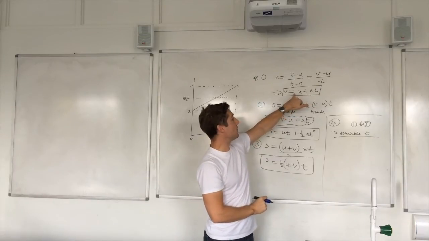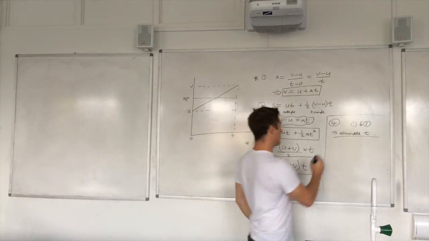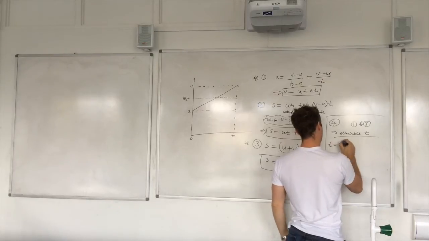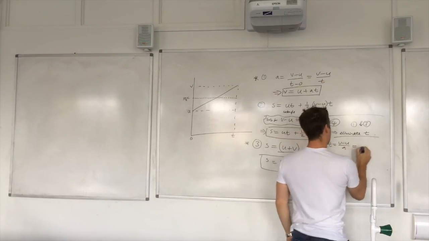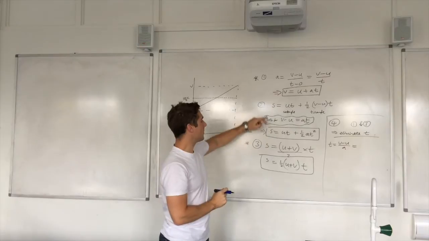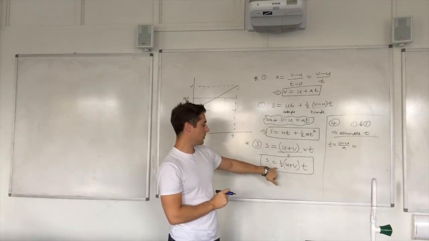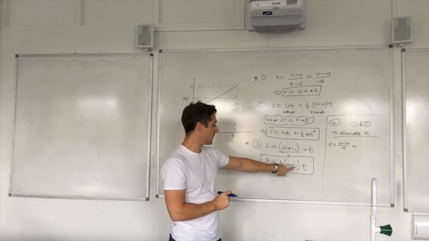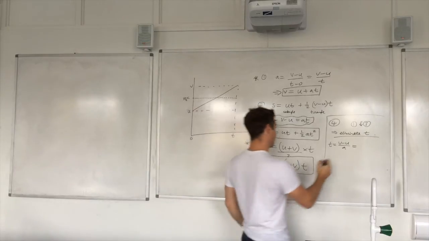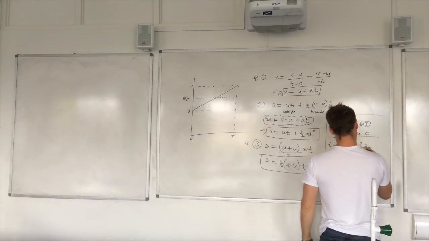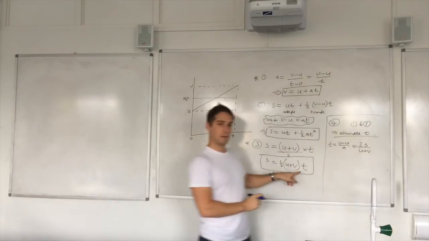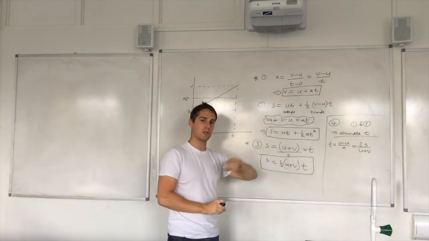So t is going to equal v minus u divided by a. And that will be equal to 2 times s divided by u plus v, because that would be rearranging this equation for t.